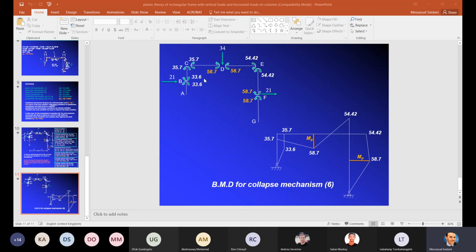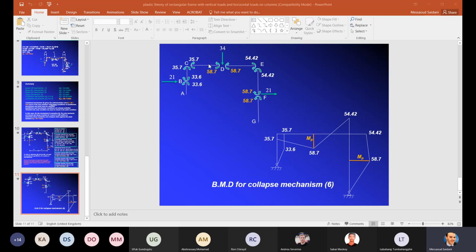Then at B, we have 33.6, so we have 33.6 there. And then we have 35.7, that's MC there. So you join the points together like this, linear. Then we have, at the bottom here, 35.7, which is there.